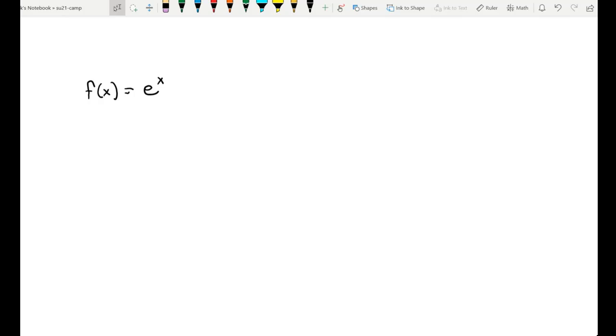Now, what we're going to have to use to derive the formula for the derivative is a limit that we looked at yesterday, and I didn't really give much justification, which is okay, because it's a hard thing to do here. But the limit of e to the h minus 1 over h, as h goes to 0, is 1. So this is just a fact that we stated yesterday.